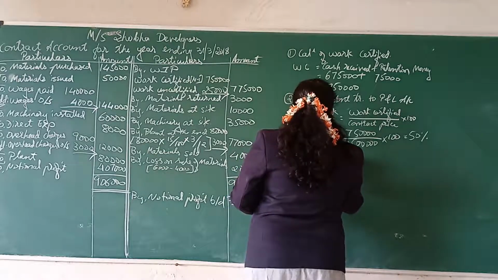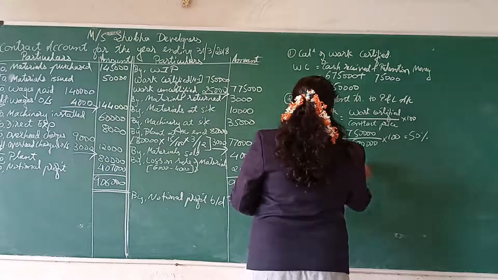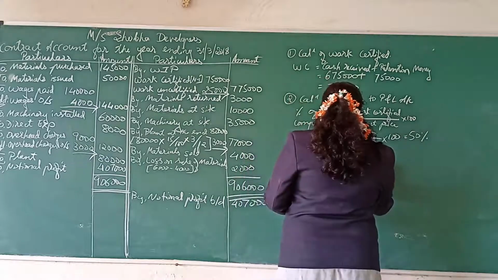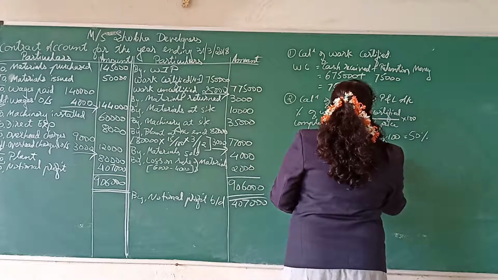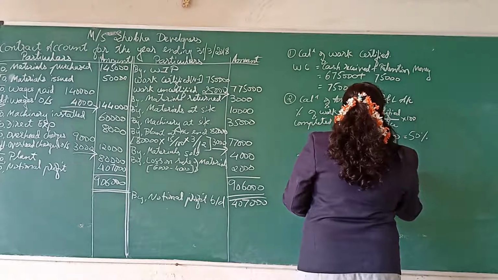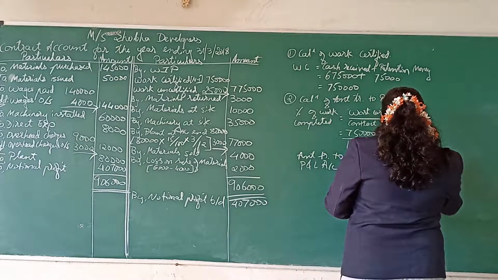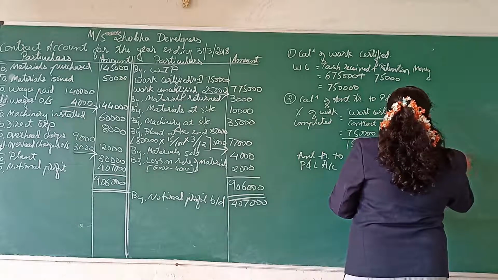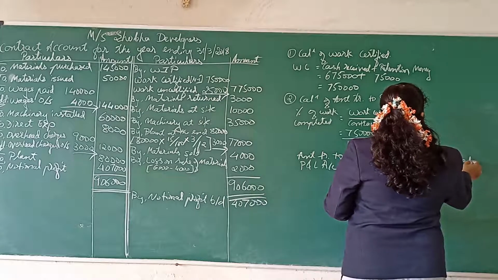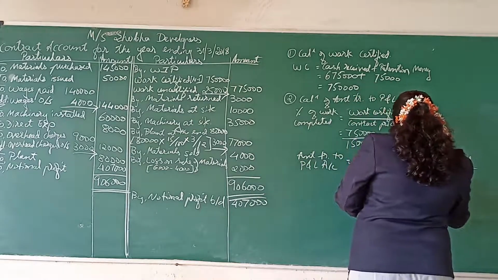Amount transferred to profit and loss account is equals to 2/3 of the notional profit into cash received divided by work certified.